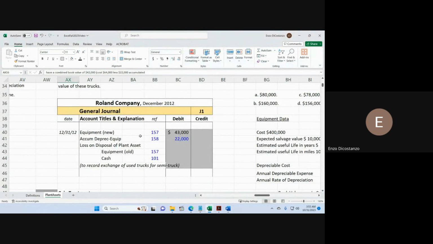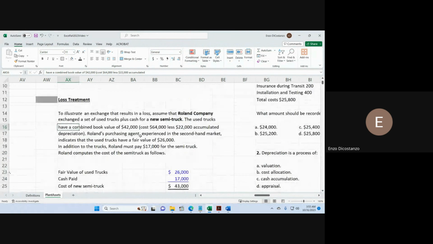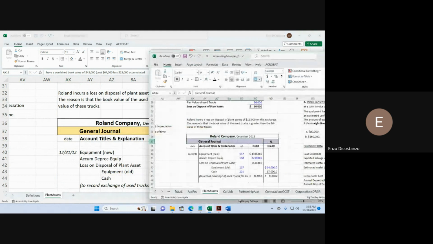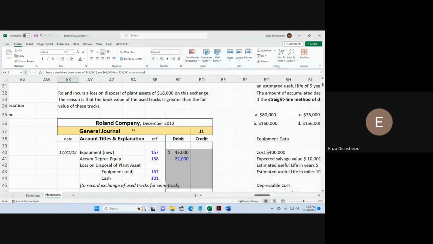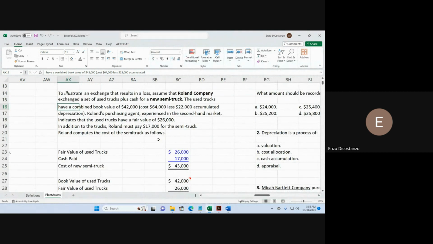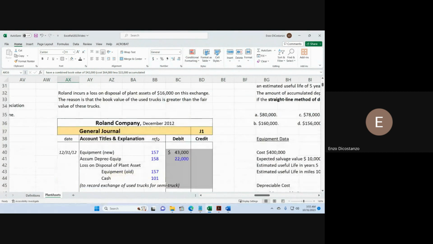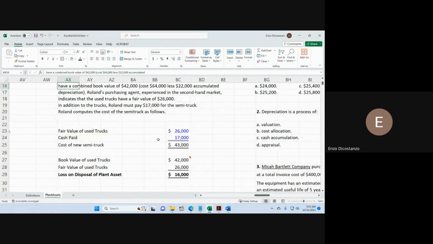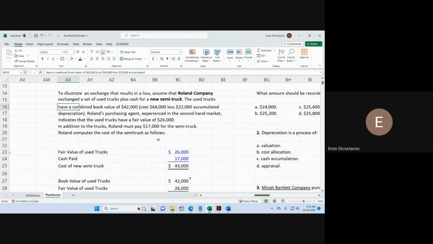So what they're doing is they're buying a new semi. Okay, so your used assets have a combined book of 42. So you're writing off the 22 and then the 43, the cost of this thing.